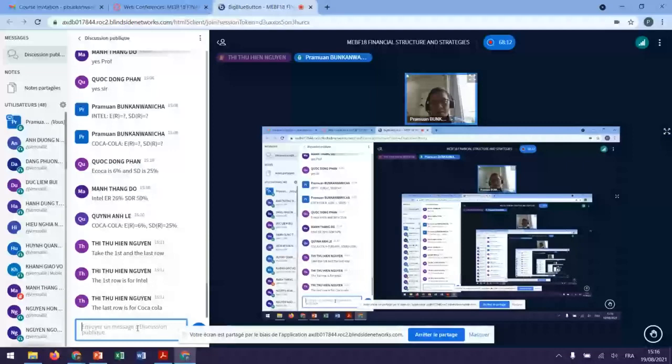Intel has higher expected return and higher volatility than Coca-Cola stock. Obviously it depends on risk preferences if you want to hold only an individual stock, choosing between Intel and Coca-Cola. But today we learn how to form a portfolio.